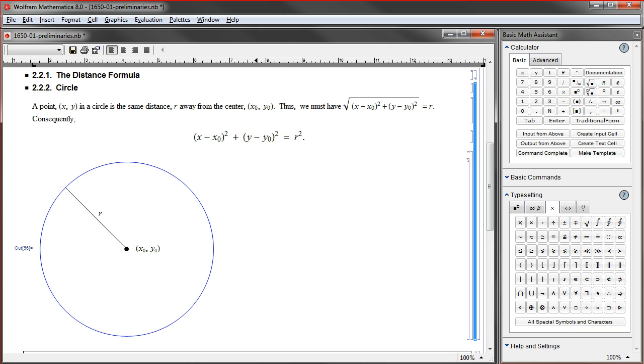The top left-hand side corner is the arbitrary point x comma y, and the distance between x comma y and the center, x0 comma y0, is r. So we have the distance formula. Taking the square, we have an equation of a circle. x minus x naught squared plus y minus y naught squared equals r squared.